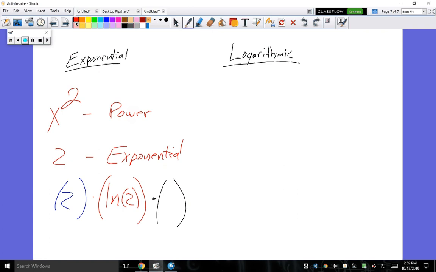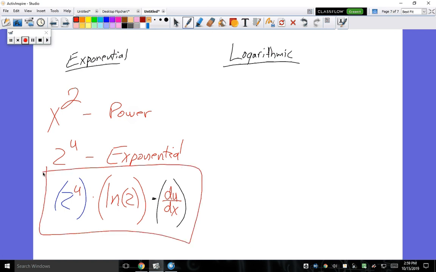I put 2 to the u, because it doesn't have to be x. It could be 2x squared, it could be 4x cubed. So it's the carbon copy times the natural log of the base times the derivative of the power. There is your rule for all exponential functions.